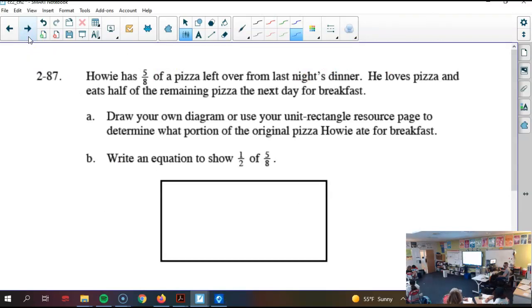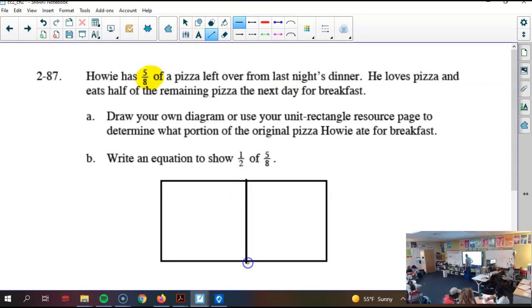Try this. Last night, Howie has 5/8 of his pizza left over. Ooh, so the first thing we need to do is split up our rectangle into 8. So guys, we have to do all of these the same direction.